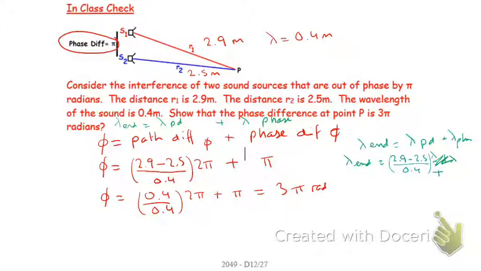Plus, for the phase, it's half a lambda, lambda over 2. So lambda in the end is equal to 1 lambda plus 1/2 a lambda, which equals 3 over 2 lambda, which is destructive interference.